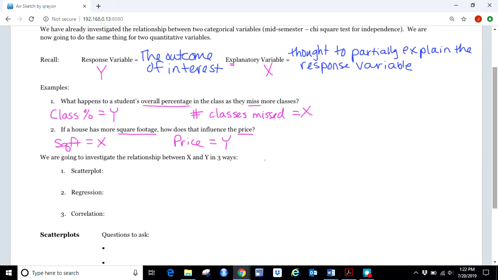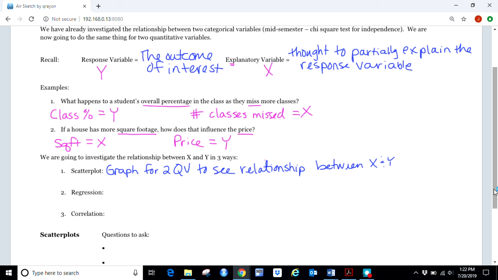And the goal of a scatter plot is just a graph that we're going to create for two quantitative variables. So it's for our two quantitative variables. And this allows us to see if there's a relationship between x and y. Since it is a new graph that we haven't talked about, we will go into more detail on that in the next video.